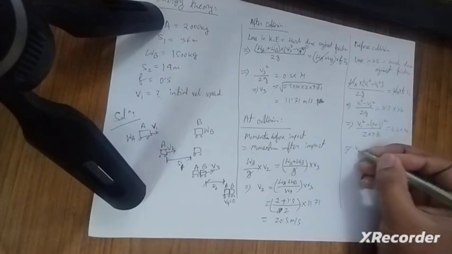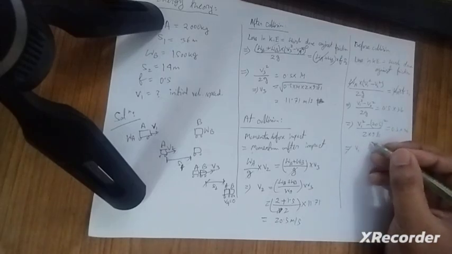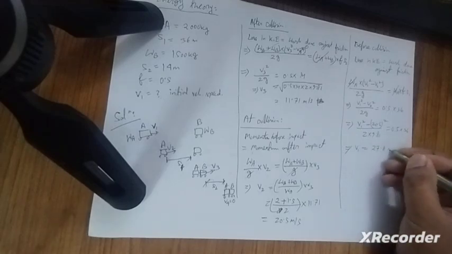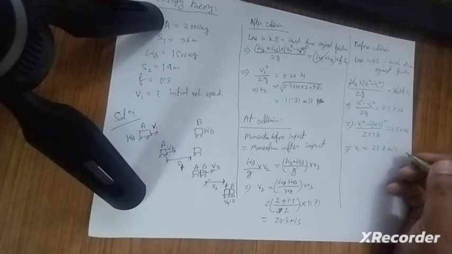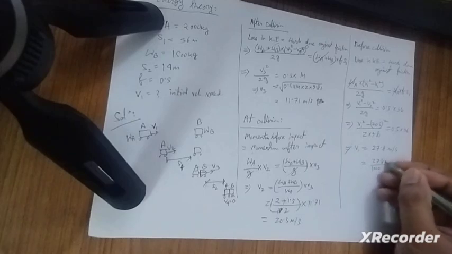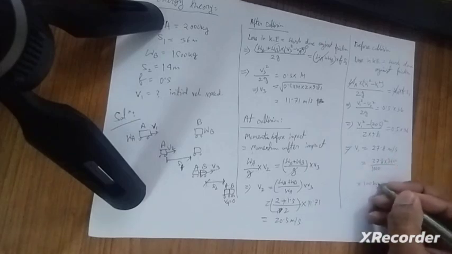We can calculate V1 directly from here, and solving, the value of V1 is 27.8 meter per second. Since it is in meter per second, we can convert it to kilometer per hour by dividing by 1000 and multiplying by 3600. We get 100 kilometer per hour.